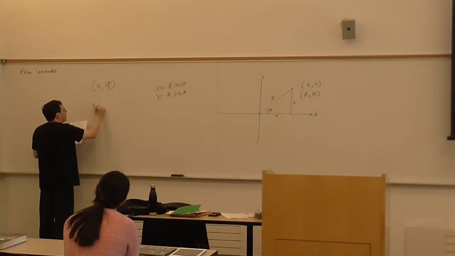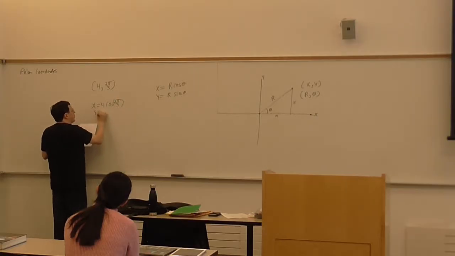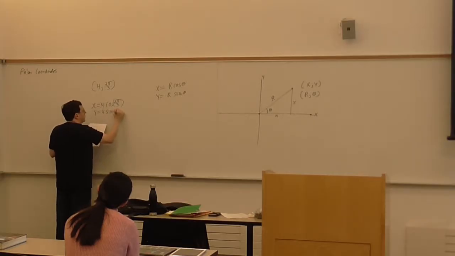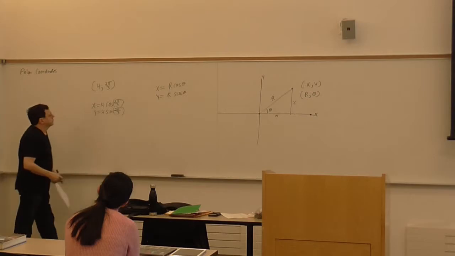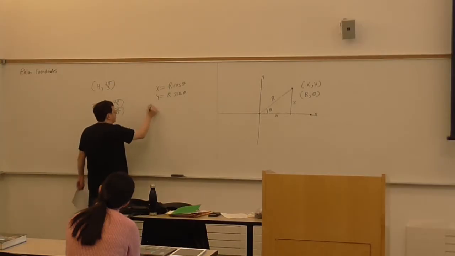So my x would be 4 times the cosine of 2 pi over 3, and y would be 4 times the sine of 2 pi over 3. Well, you might have to think a little bit about what the sine and cosine of 2 pi over 3 is.